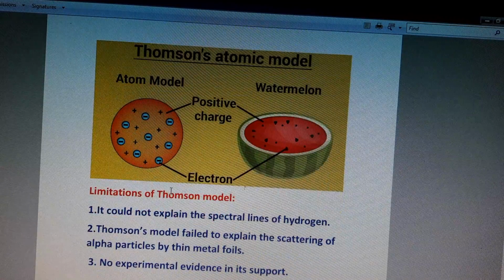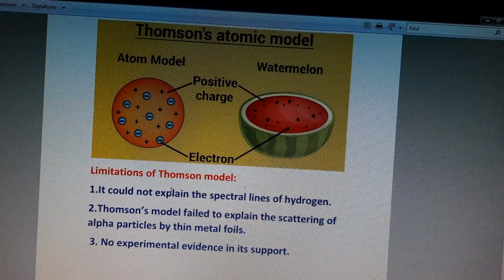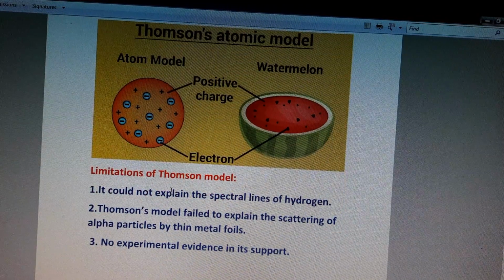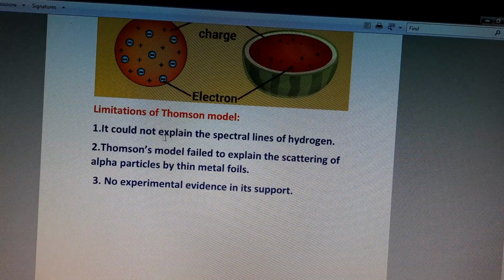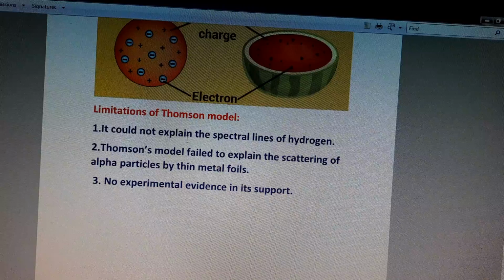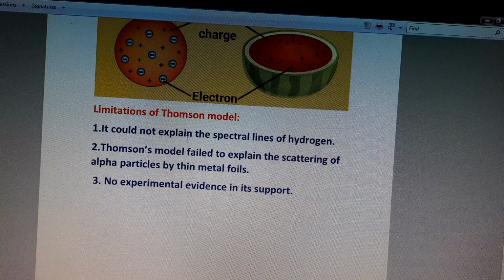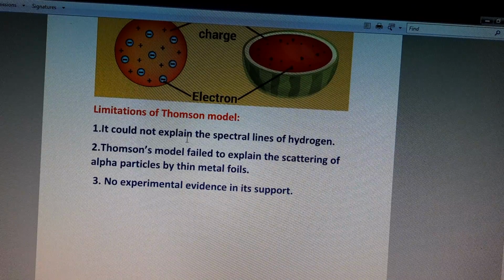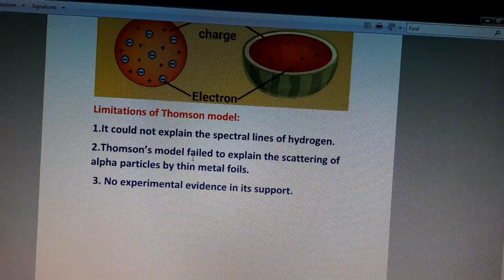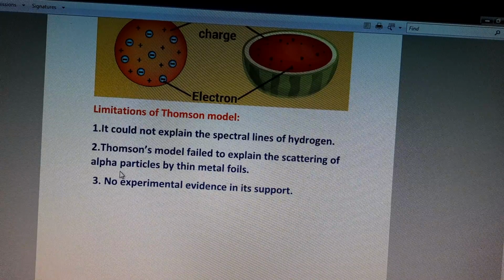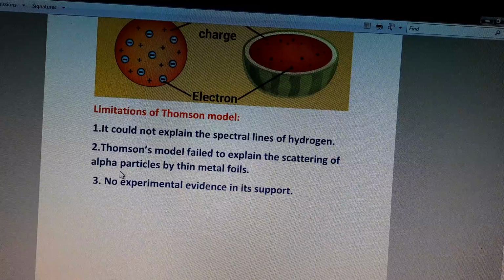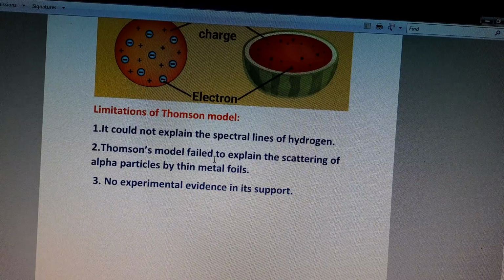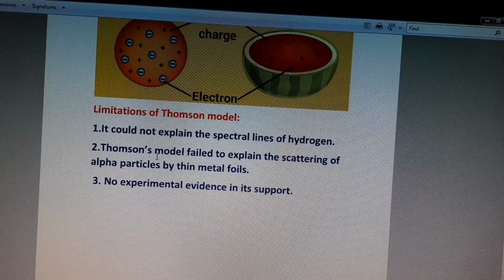In this Thomson atomic model, some drawbacks are there. The limitations of the Thomson atomic model: the first is that it could not explain the spectral series of the hydrogen atom. The second is that the Thomson model failed to explain the scattering of alpha particles by thin metal foils; this drawback is explained by the Rutherford model.